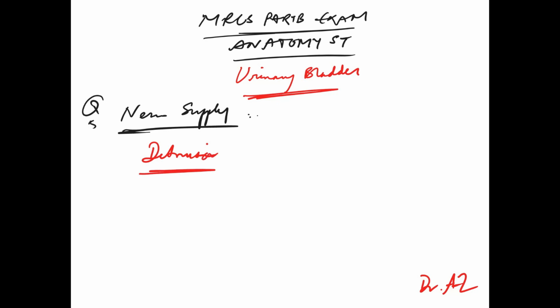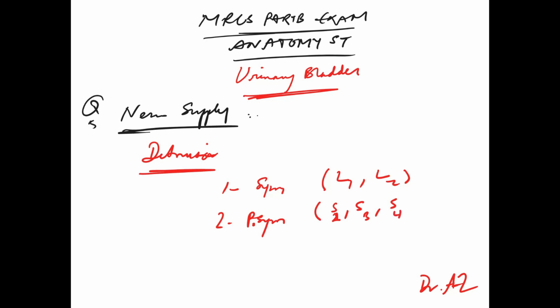You are going to mention that there are two types of nerve supply: the first is sympathetic and the second is parasympathetic. The sympathetic comes from L1 and L2. You have to mention that. The parasympathetic comes from S2, S3 and S4, or you can mention it as S2 to S4, as you wish. There is no problem with that.